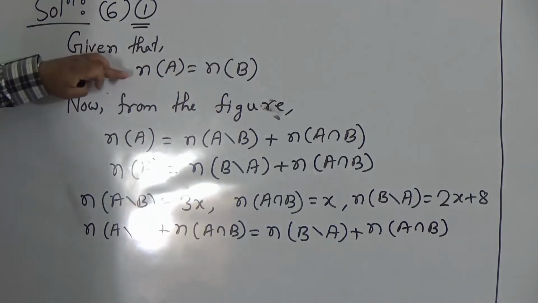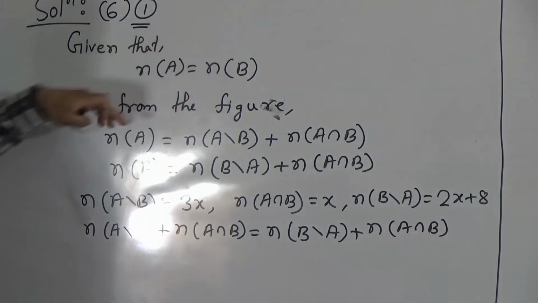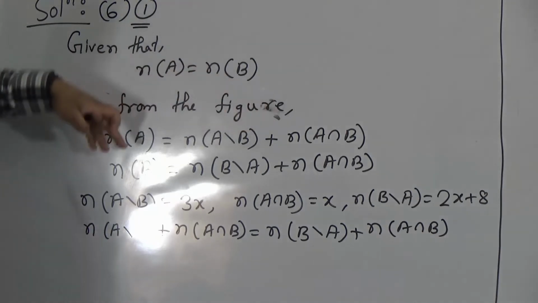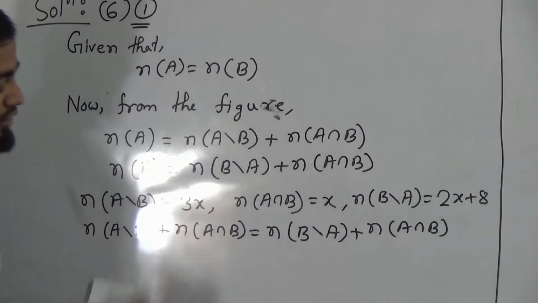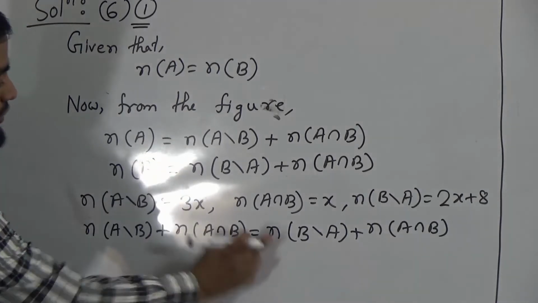Since n of A equals n of B, the value of n of A equals this one and the value of n of B equals this one. So these two are equal to each other. I have written this down, okay.